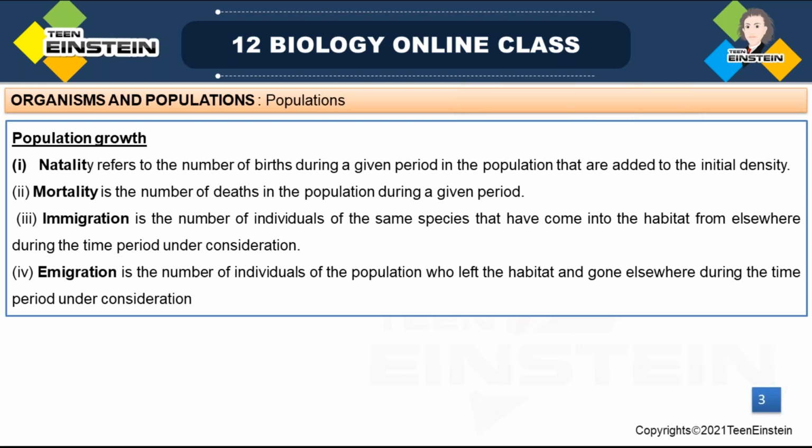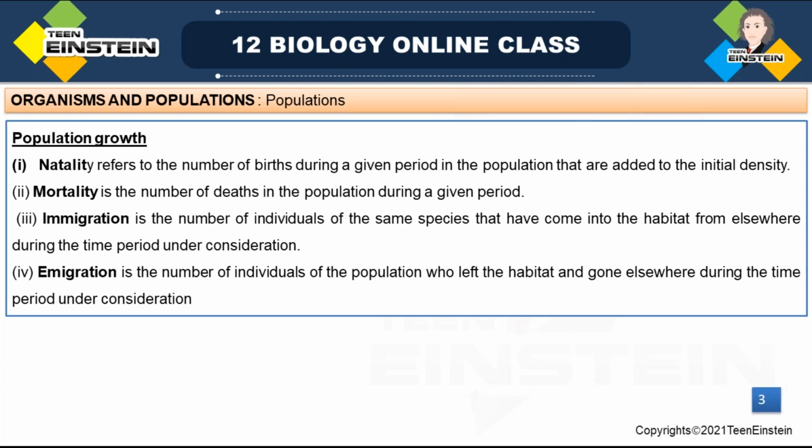So here, the four basic processes based on which we can say that there is fluctuation in the density of population. Which are those? Natality, immigration, mortality and emigration. Among these, natality and immigration increase the population.